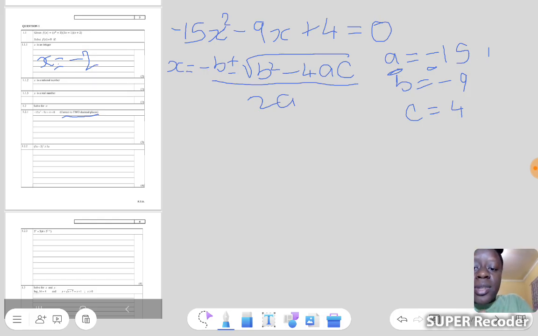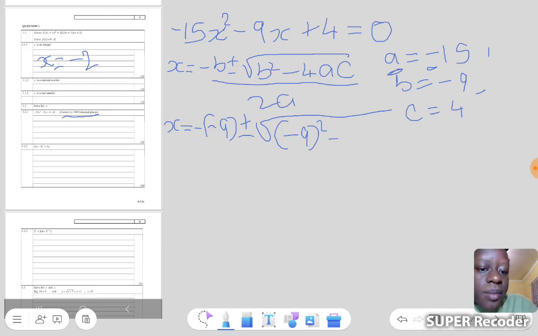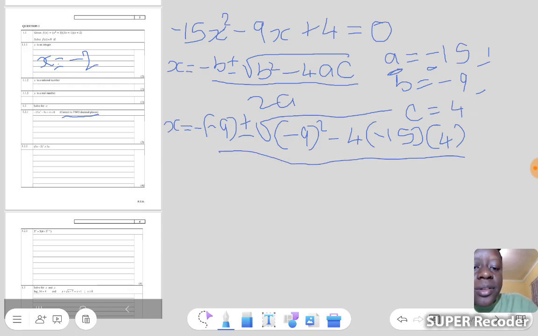So let's proceed with our substitution, where b is negative 9: negative 9 plus or minus the root of negative 9 squared minus 4 into our a, which is negative 15, and positive 4, all divided by 2 into negative 15.